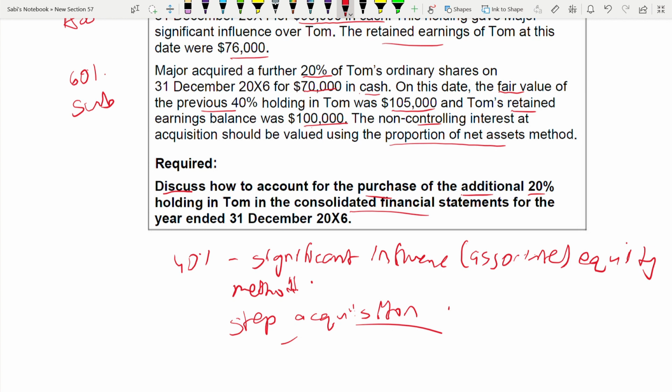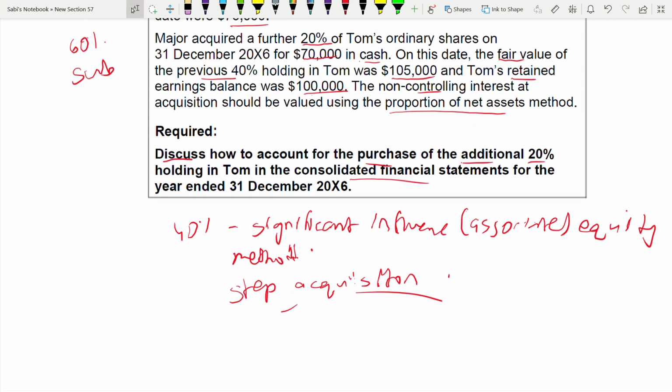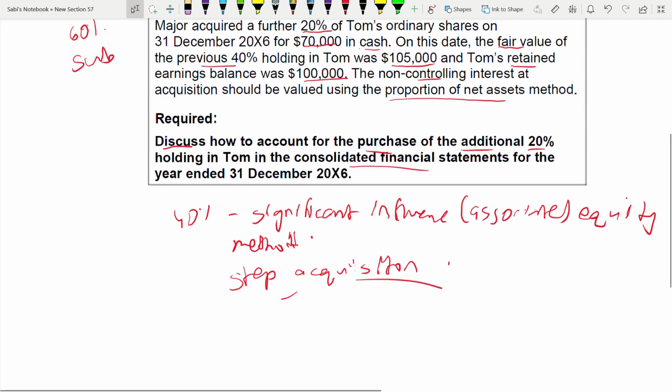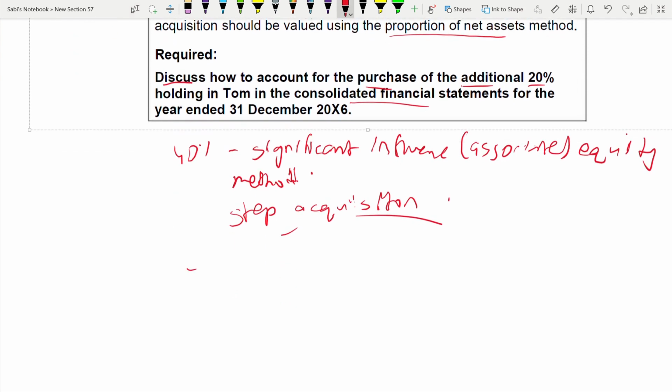IFRS 3 also says that any previous investment has to be revalued to fair value and everything goes to P&L. You have to talk about the previous investment. I'll write it down in bullet points for you, so that you can answer, but you have to write it in proper sentences, in paragraphs.